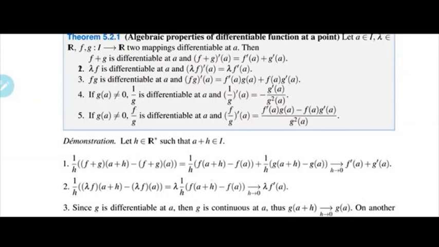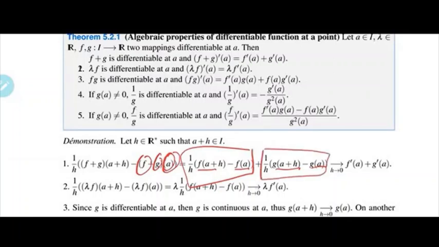So this ratio is equal to 1 over h times f of a plus h plus g of a plus h, minus f of a and minus g of a. So we'll have two expressions. The first one is the derivative of f at a, and the second one is the derivative of g at a, when h tends to 0.